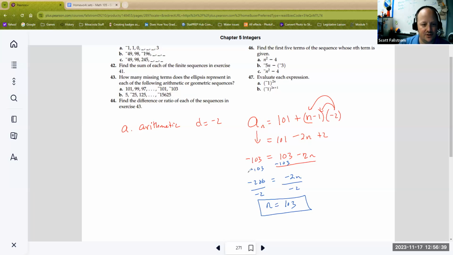If I know there are 103 terms in the sequence, and 1, 2, 3, 4, 5 terms are shown, then the number of missing terms is 103 minus 5, which is 98. So the ellipsis represents 98 missing terms.